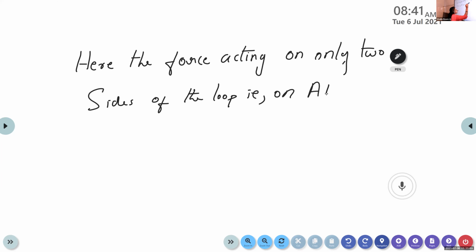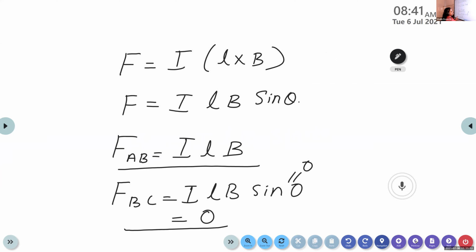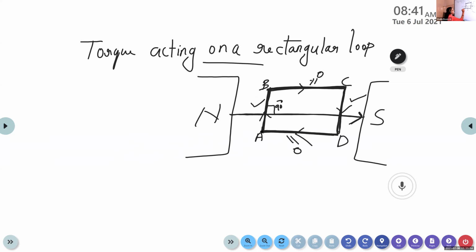Okay. So now we want to find out the direction of the force that is acting along the side AB and along the side CD. How can we find out the direction of the force that is acting along the side AB and CD?